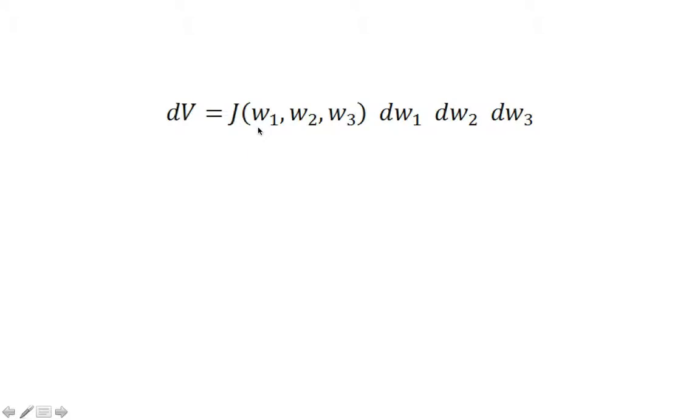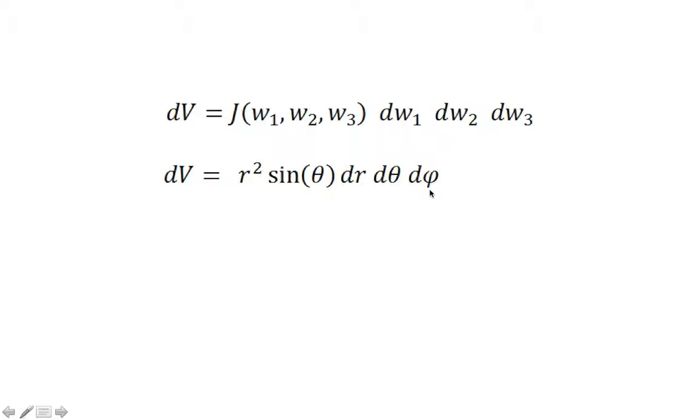This determinant is called the Jacobian, or J. In order to find the volume element, we just look up J and multiply it by our three differentials, dw1, dw2, and dw3. For example, to find the volume element in spherical polar coordinates, we look up the Jacobian and find that it's r squared sine theta, and then multiply it by dr, dtheta, and dphi. This is a very simple way of figuring out the volume element without looking at the graphical representation.